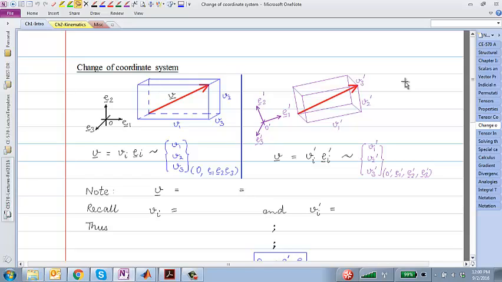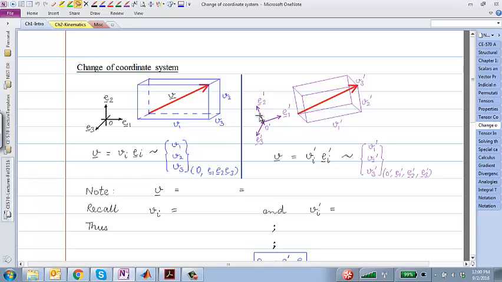These are just ways to express tensors and vectors given a particular coordinate system. So naturally the question arises: if I have one coordinate system and somebody else comes along with a different coordinate system, how do we talk with each other? How can we convert the components of a vector or a tensor given in one coordinate system to a different coordinate system?